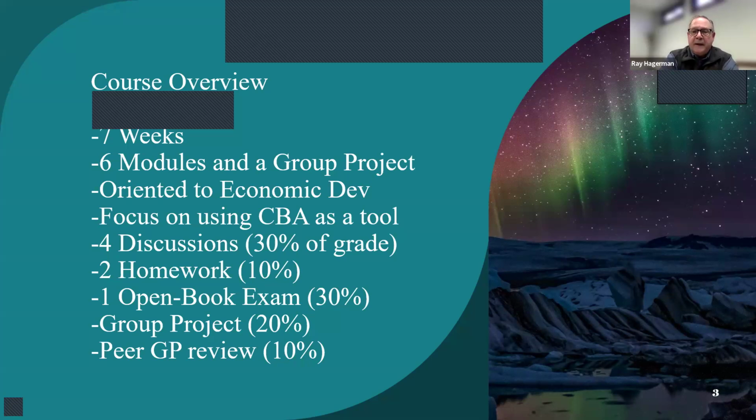Now, on that group project, I believe we have 11, maybe 12 people that have signed up for this course in CBA. I'm going to divide people up into groups of 4, with one group having 3. That doesn't necessarily mean that you're going to have 25% more work, although that's quite possible.